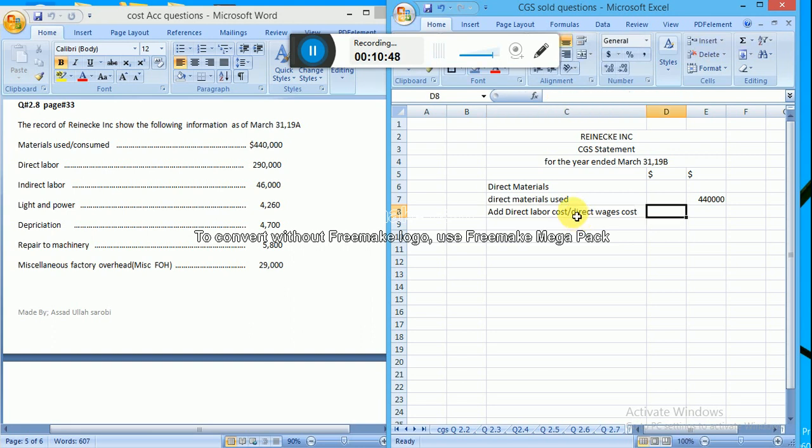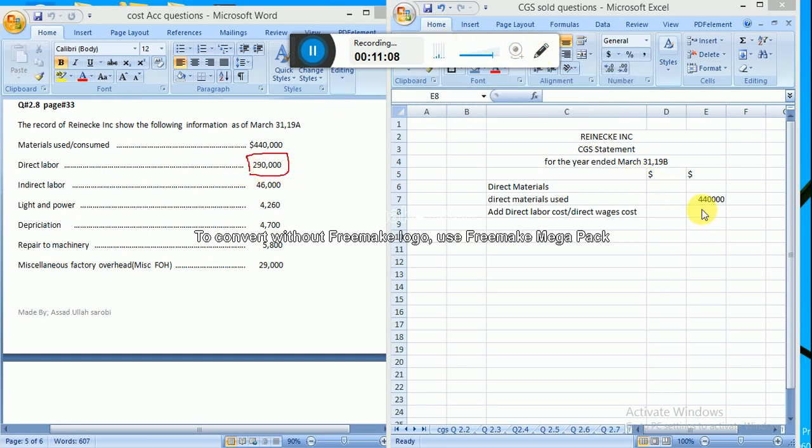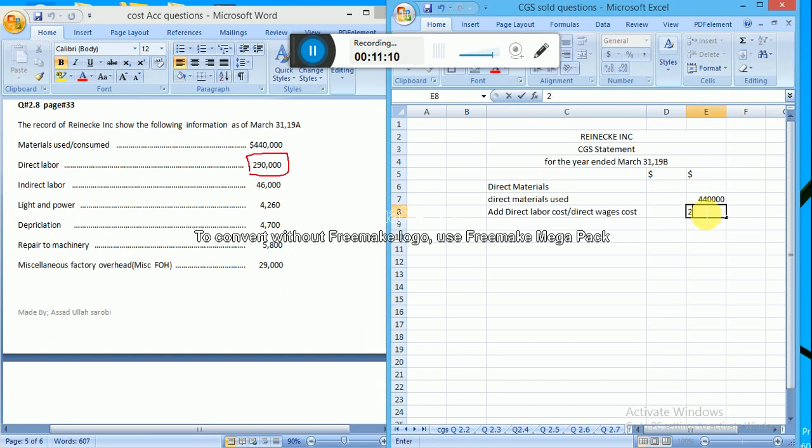How much direct labor cost is given in the question? If you read the question carefully, $2,90,000, this is our direct labor cost. So this direct labor cost we will add with the direct material cost. How much? $2,90,000. Okay.